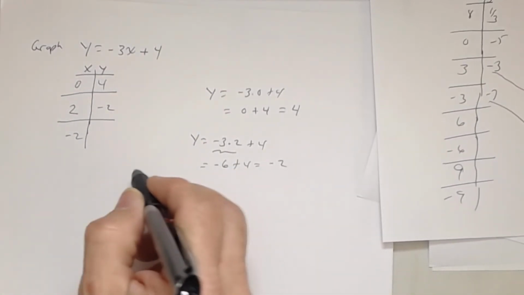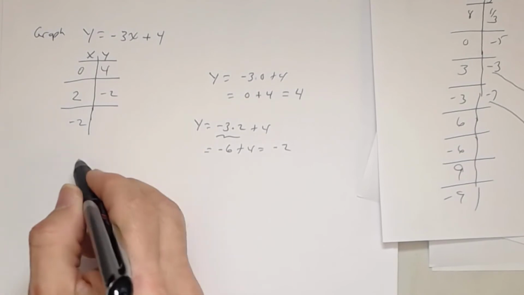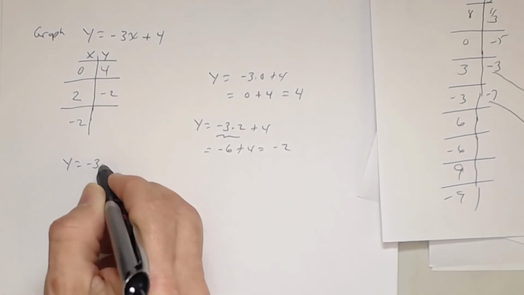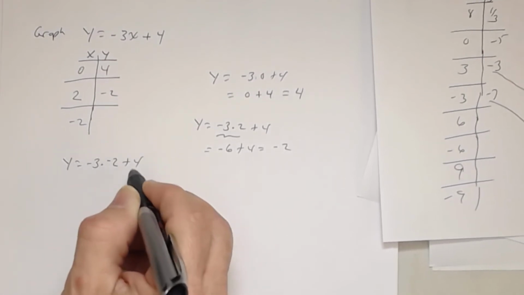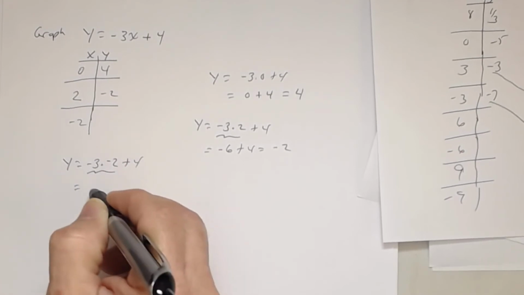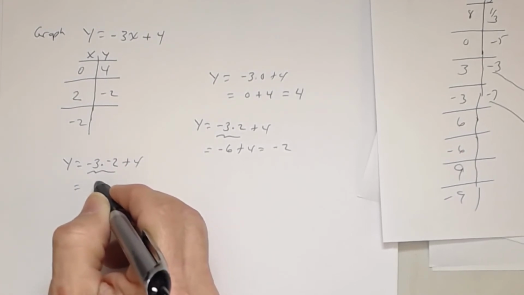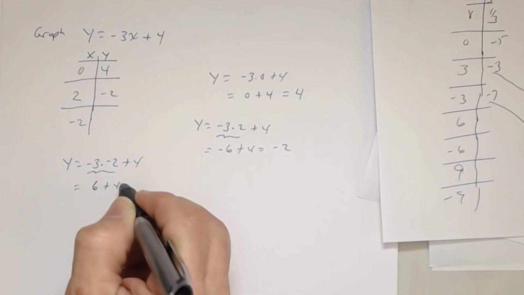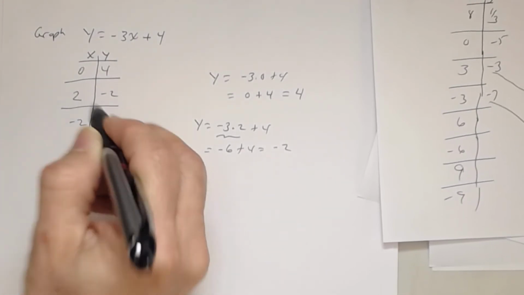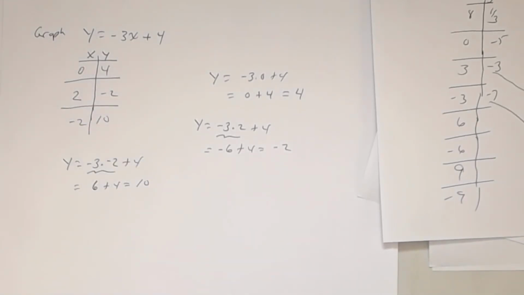If x is negative 2, I get y equals negative 3 times a negative 2 plus 4. What's a negative 3 times a negative 2? Positive 6. Positive 6 plus 4 is 10. And so you plot those points and draw your line. They should lie on the same line, excuse me.